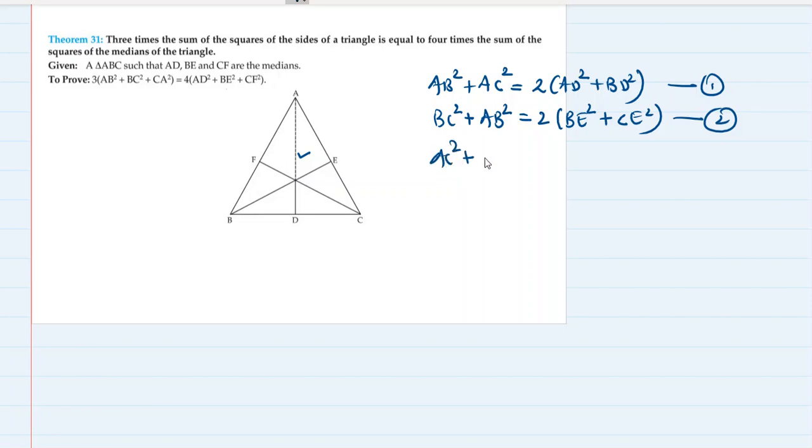So AC square plus BC square is equal to 2 times CF square plus AF square or BF square, anything, because we know that AF is equal to BF, BD is equal to DC, and AE is equal to EC. Correct? So yes, now what?